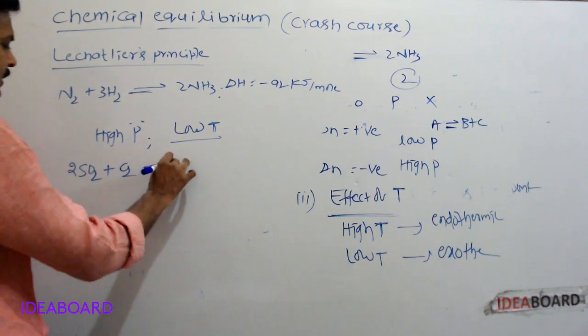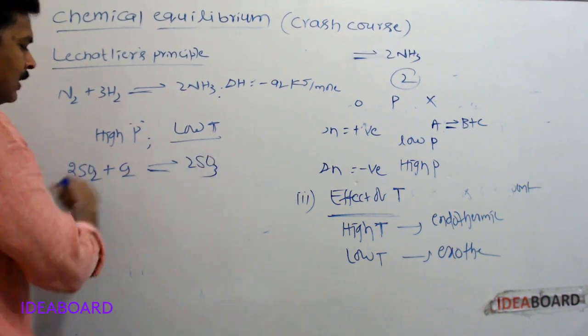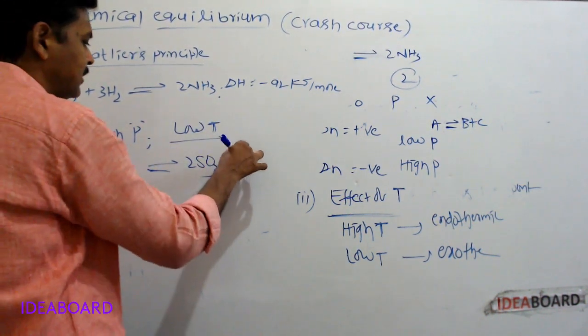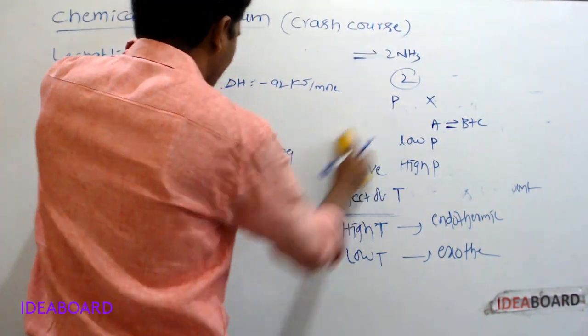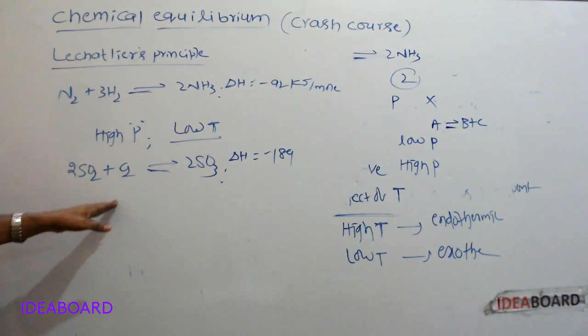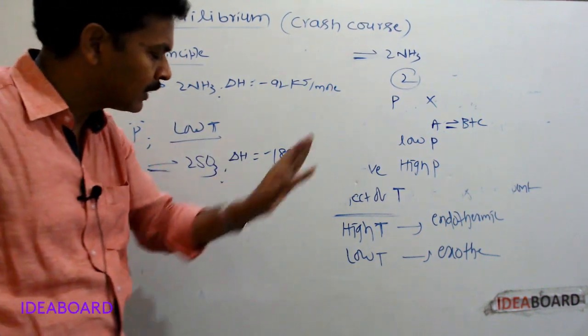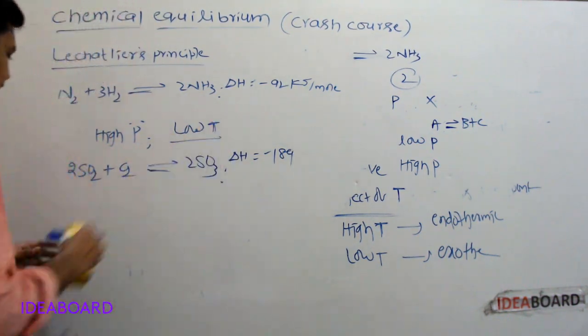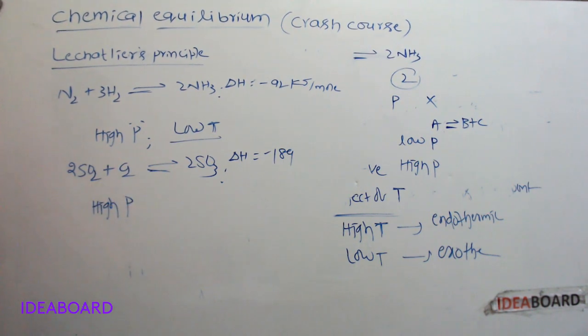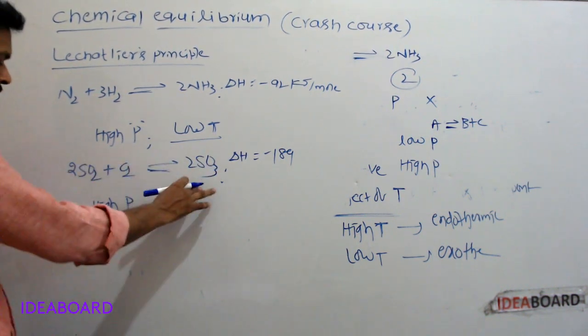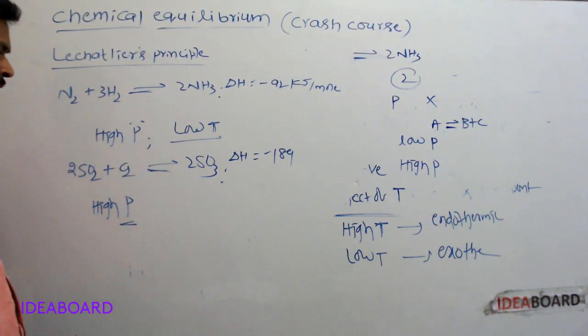If we take the contact process, all are gases. Here delta H is equal to minus 189 kilojoules per mole. 2SO2 plus O2 gives us 2SO3. For this reaction, high pressure only, because 3 moles to 2 moles, so high pressure is favorable.